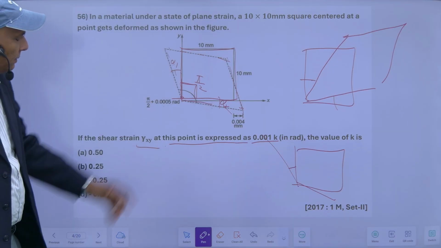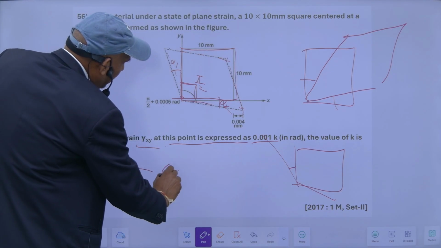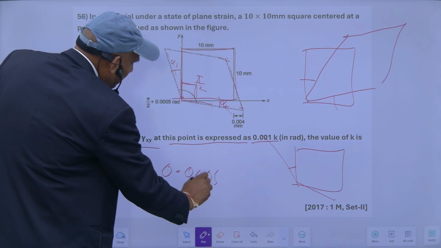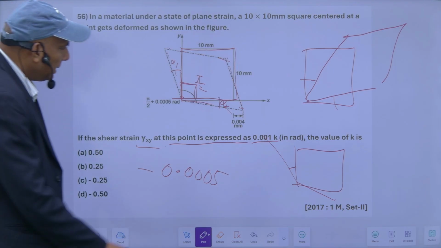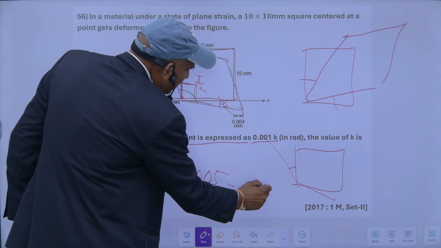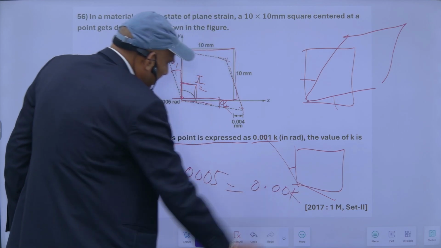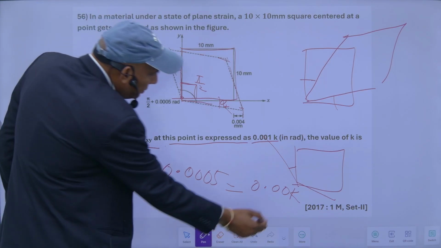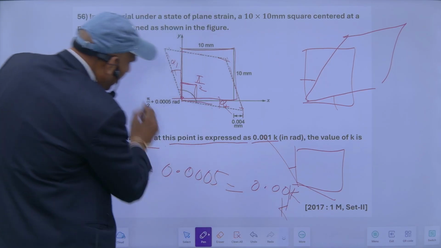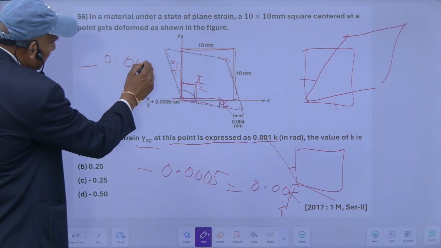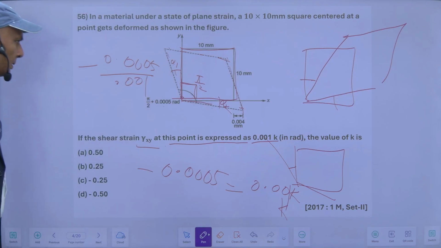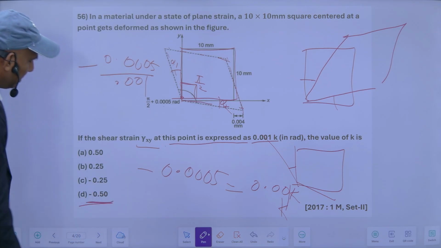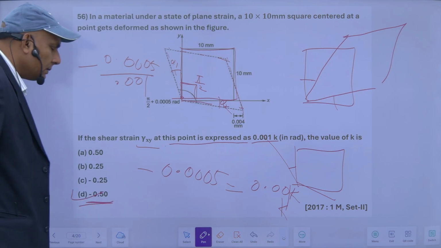So this is minus 0.0005. This is the change in the angle, this is my shear strain, and this is equal to 0.001 K. So K is equal to 0.0005 upon 0.001. Since it is minus, D is the correct answer.